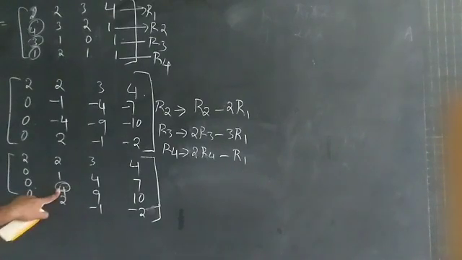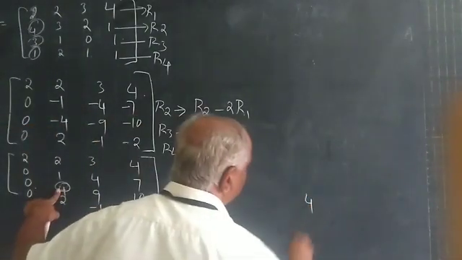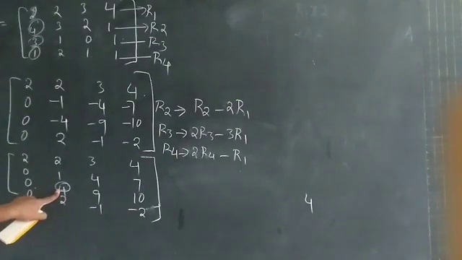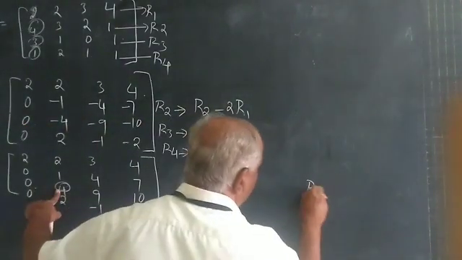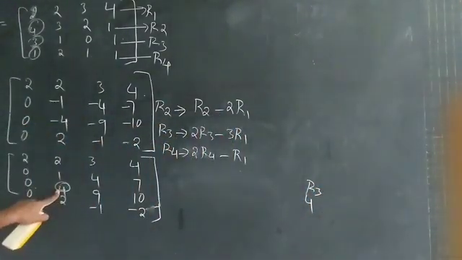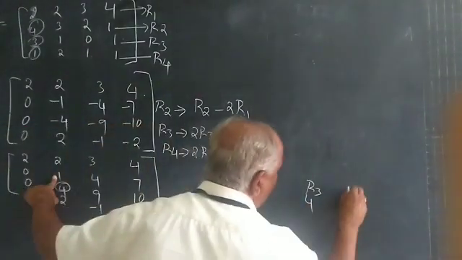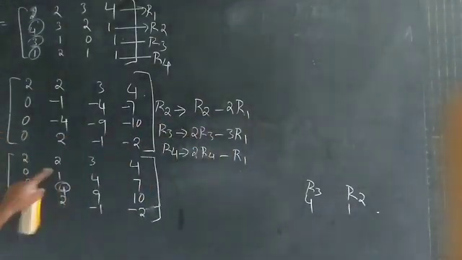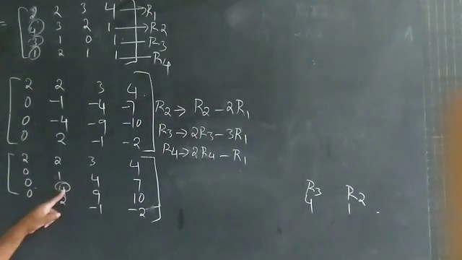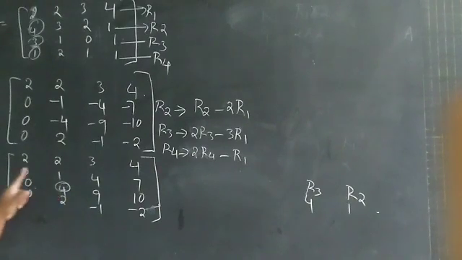Now, how to reduce 4 to 0? 4 is in R3. From which element? From 1, which is in R2. Note the important point. Behind 4, there are 1, 0. Behind 1, there are 1, 0.